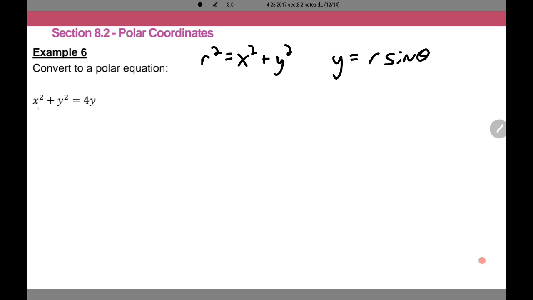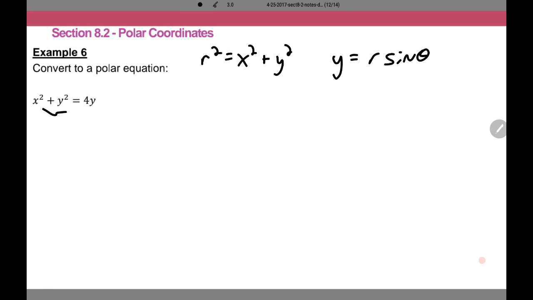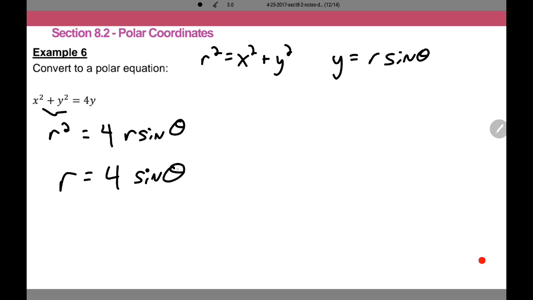So this is just r squared equals 4 times this r sine theta. Now again, I've got an r on both sides. It's not going to be much of an equation when r is equal to 0, so we can get rid of that. If I divide both sides by r, I get r equals 4 sine theta.